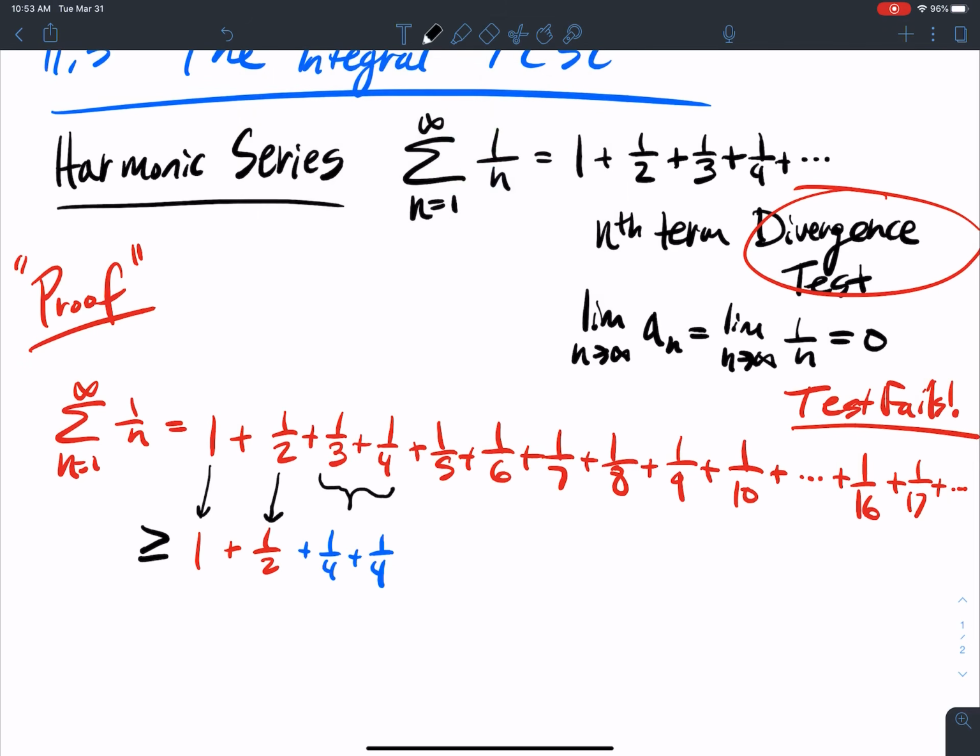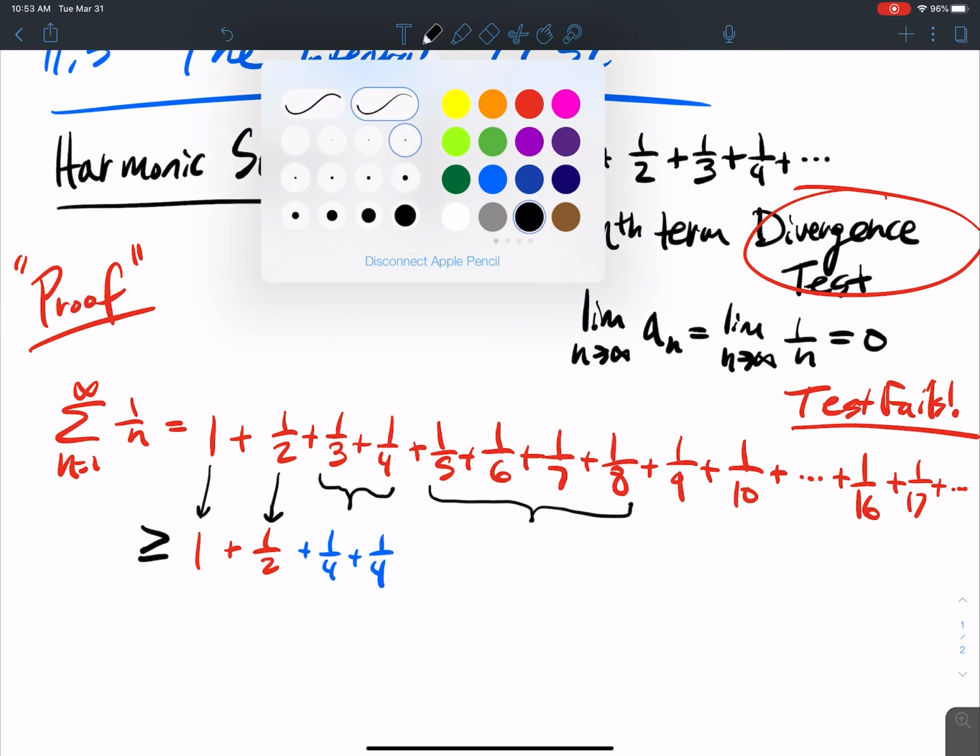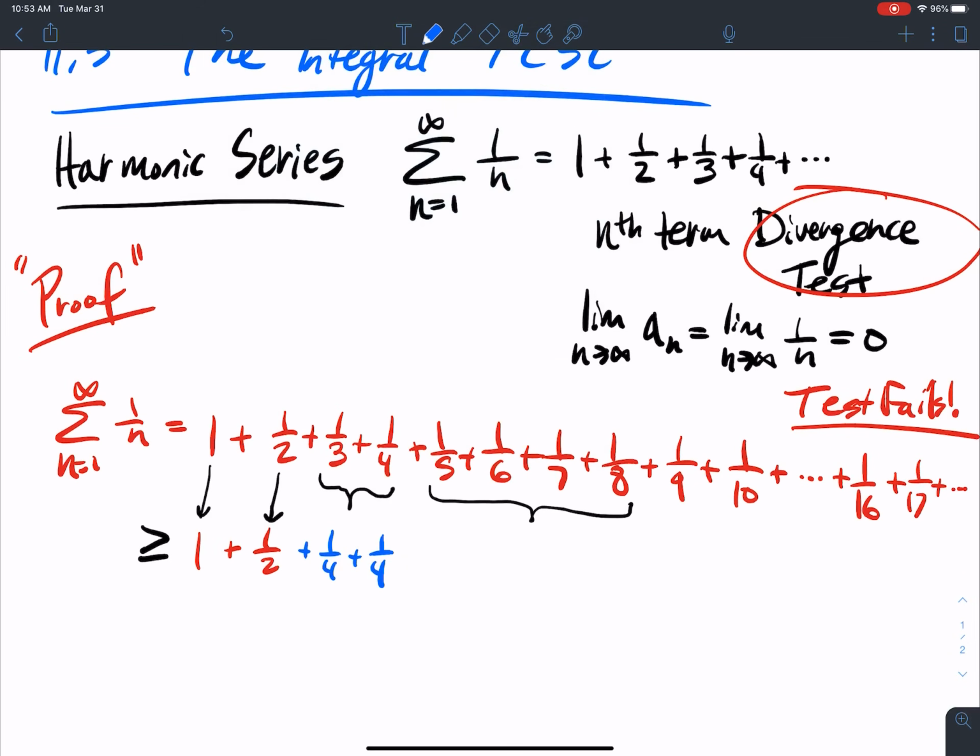Okay? And then I'm going to take these 4 terms here, and I'm going to make them all 1/8: 1/8 plus 1/8 plus 1/8 plus 1/8. Okay?